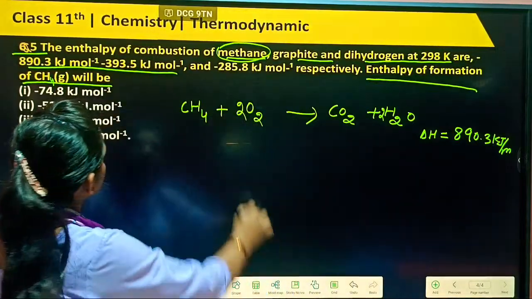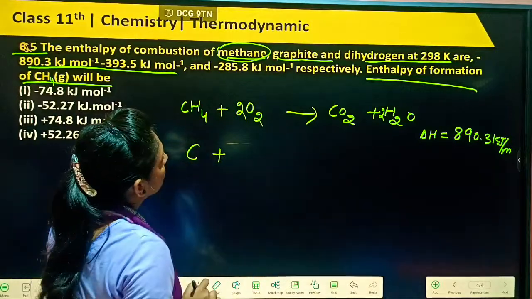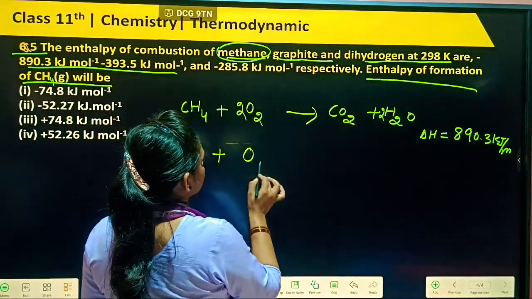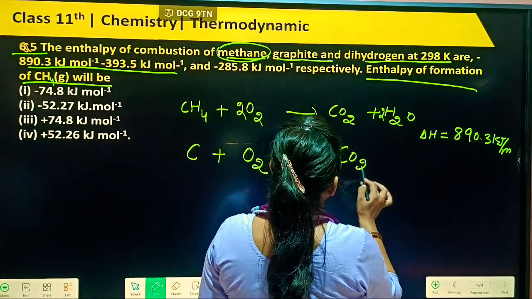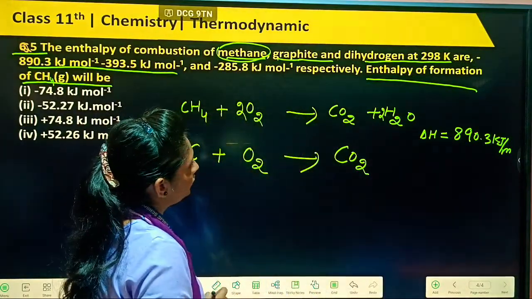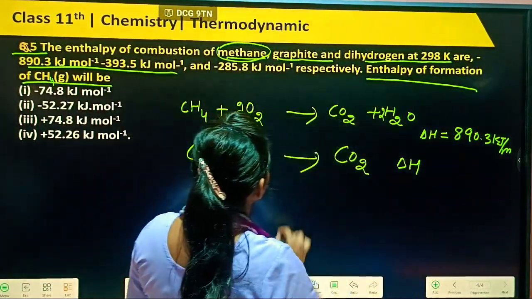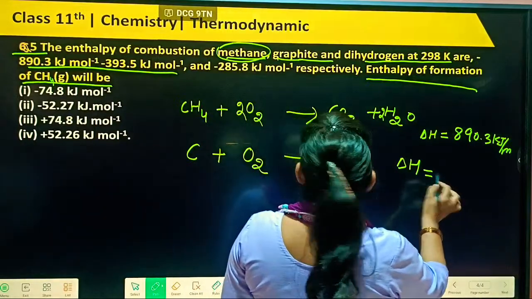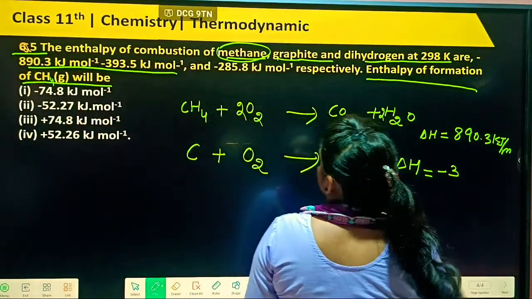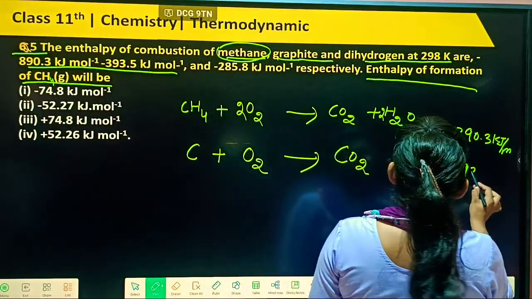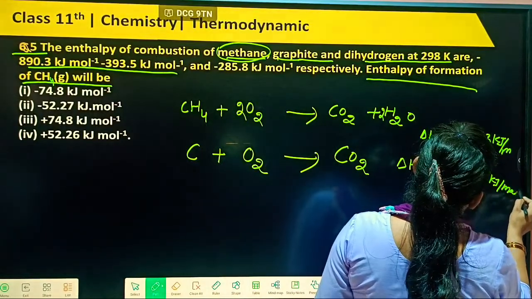Then students, graphite. Combustion of graphite, C plus O2, CO2 you will get. For this, del H is equal to minus 393.5 kilojoule per mole.